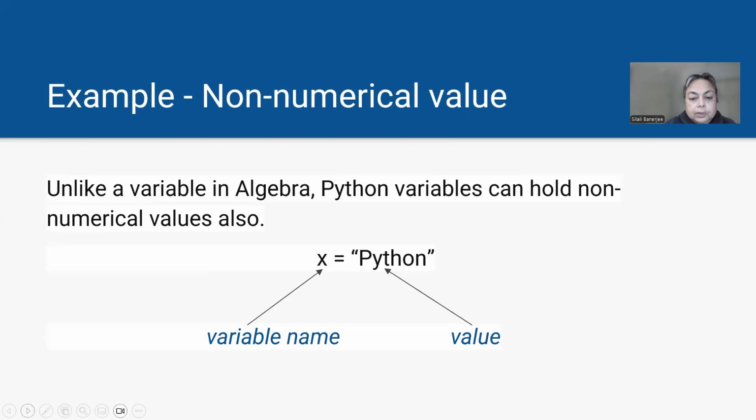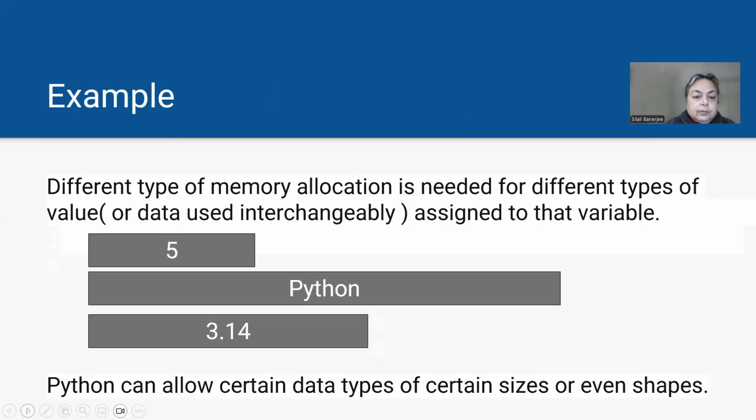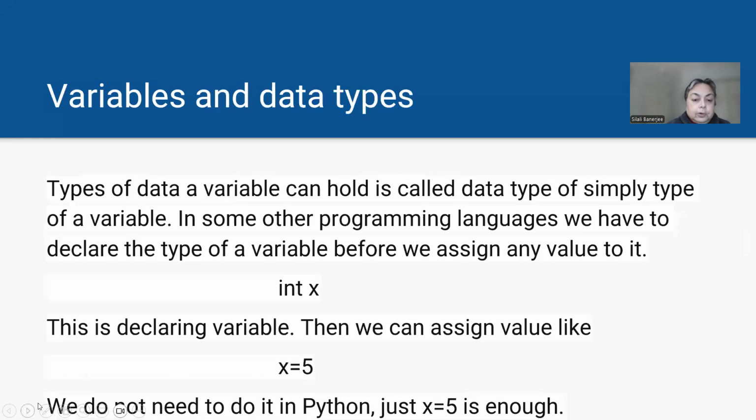Now we also talked about it. Python variables can take string literals, non-numeric values, unlike algebraic variables. Now this is another thing. A Python variable can take all kinds of values, but definitely they need different kinds of memory allocation for storing those values. It will take different amounts, even different types of memory allocation for storing all three values: 5, Python, and 3.14.